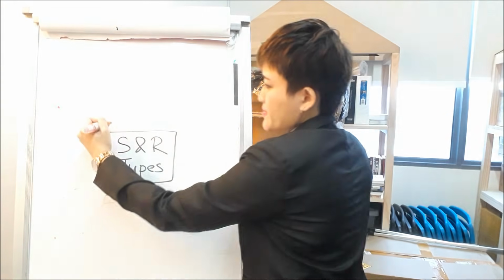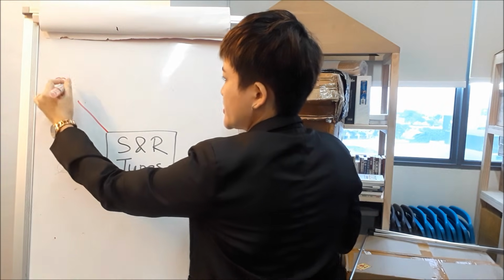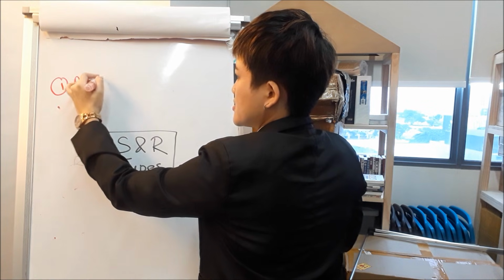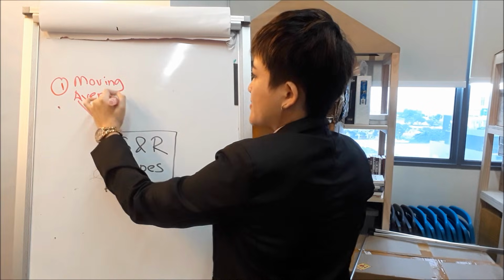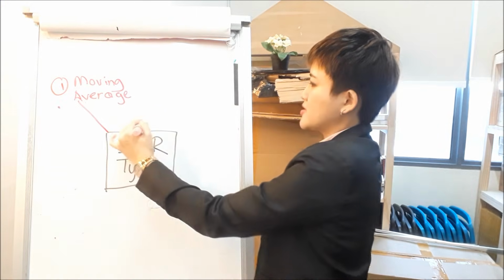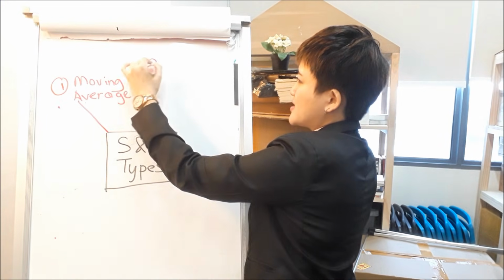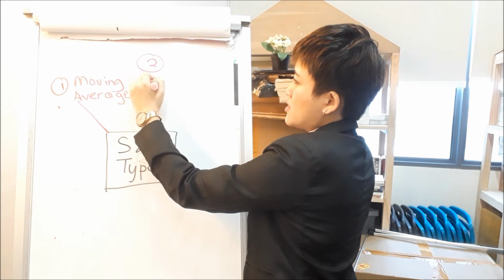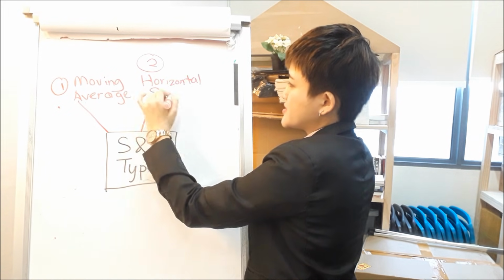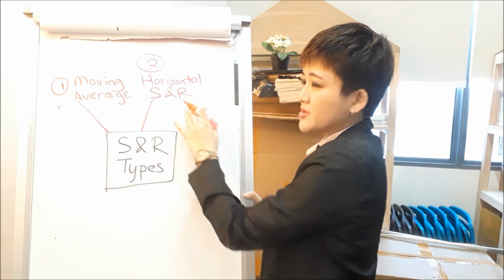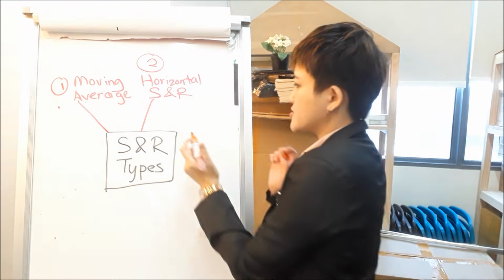So there are many types of support resistance. The first one is moving average. I'm going to talk in detail about all of this later on, so just understand this for now. Second, you have your horizontal support resistance. A lot of people draw it the wrong way, so later on I'll teach you how.